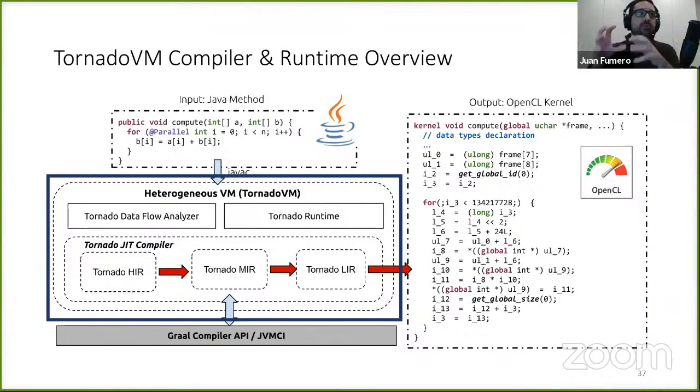That's a core component, the runtime. And we have a big component for the JIT compiler. And the JIT compiler, as I already said, is an extension of the Graal JIT compiler. So if you know Graal or you're interested in Graal, many of these concepts will sound familiar to you.